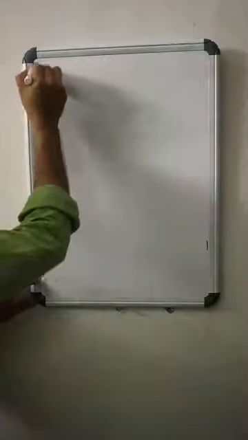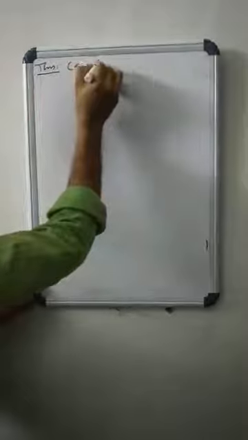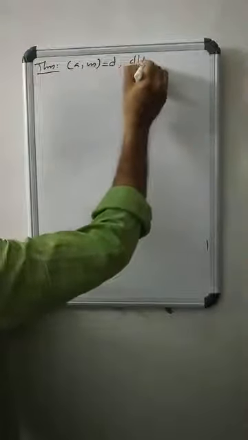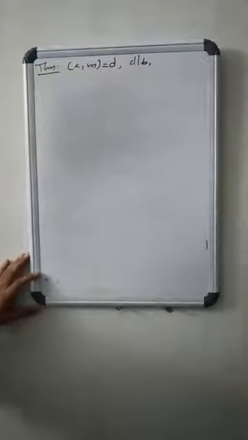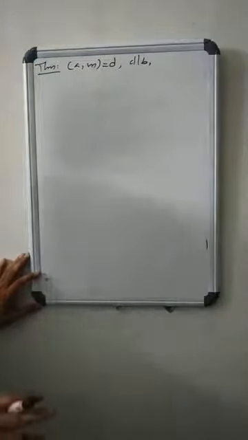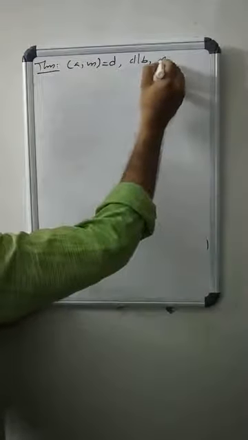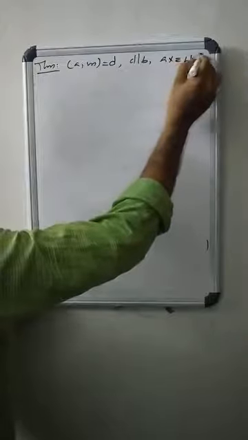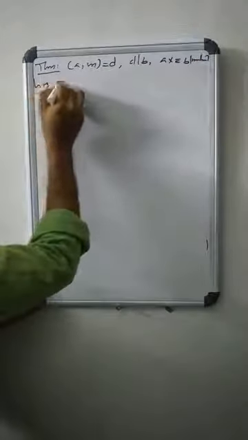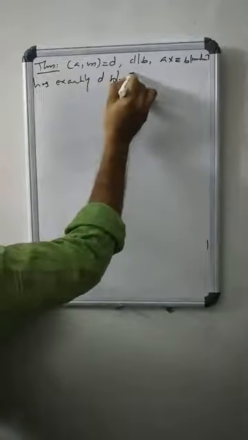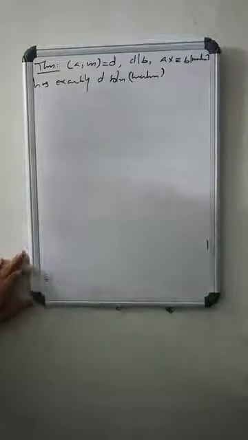The theorem states: assume the GCD of A and M is D, and suppose that D divides B. Then the linear congruence AX ≡ B mod M has exactly D solutions mod M.